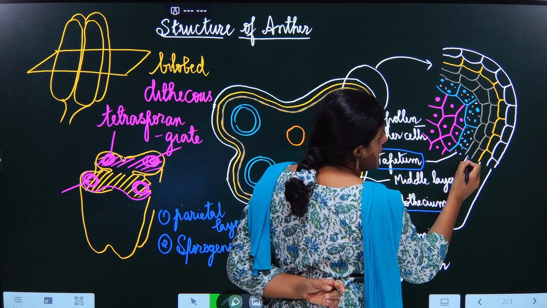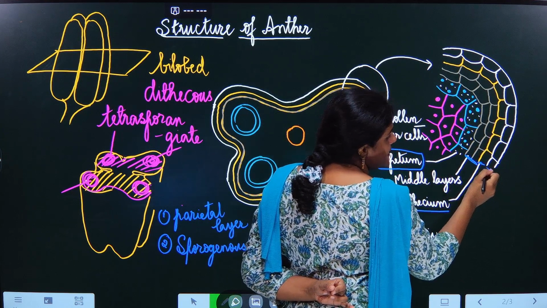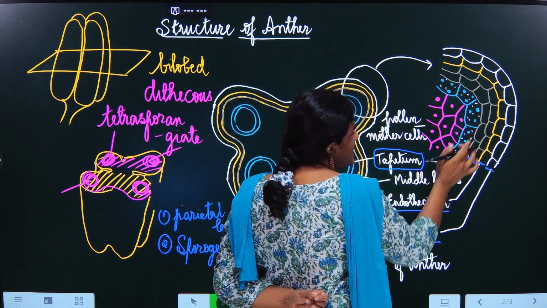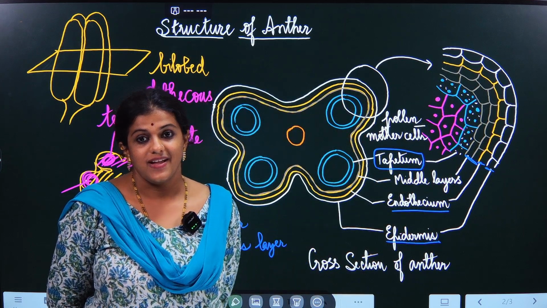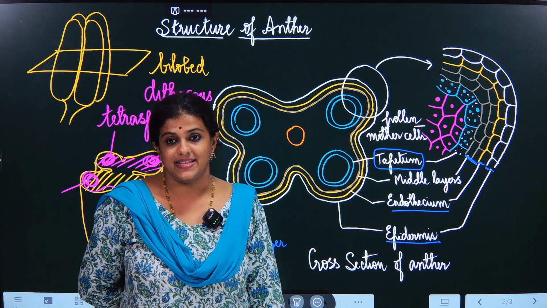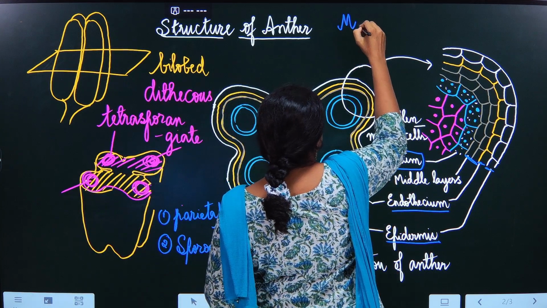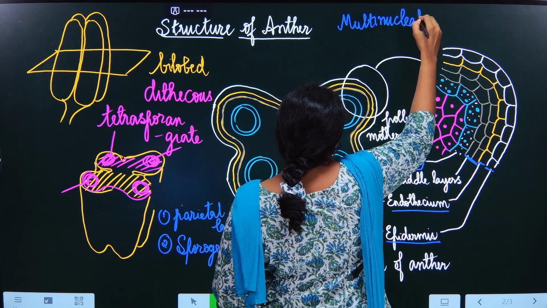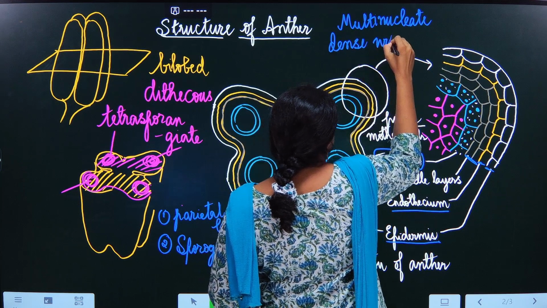See, these brown colored ones are middle layers, the yellow one is endothecium, and the white color is the epidermis. Now you can see the blue layer, it is the most important and innermost layer among the parietal layers. So what does this mean? Tapetum is usually multinucleate and it is dense with cytoplasm.